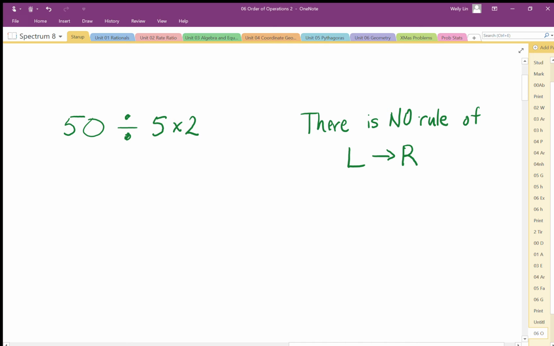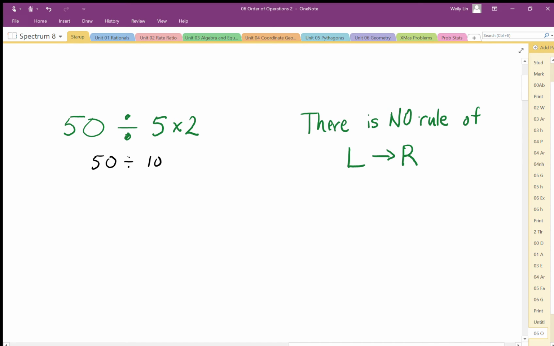Because you get different results depending on if you do the times first or the divide first. So technically we should be able to do all our times at the same time as our divide. So if I do 5 times 2, so I get 50, and then I get 10.